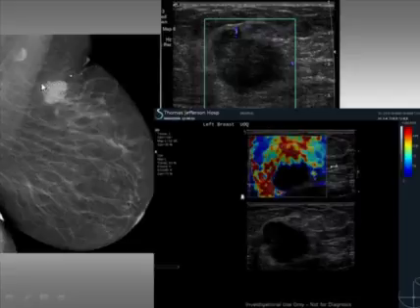So this is a large, almost circumscribed mass, very characteristic of very high-grade cancers through transmission on the B mode image. And on elastography, the area around the perimeter of the mass and all of the surrounding breast tissue is markedly abnormal and markedly stiff, telling us that this is malignant.